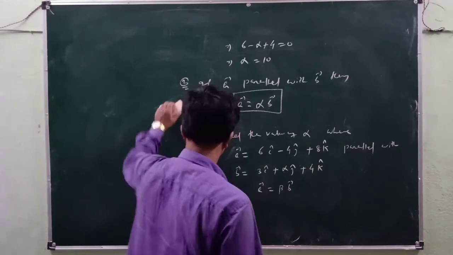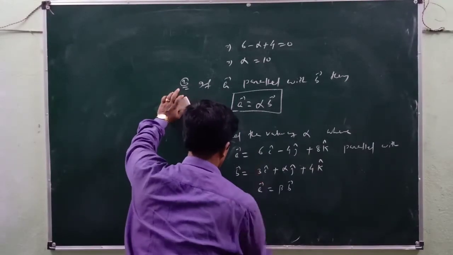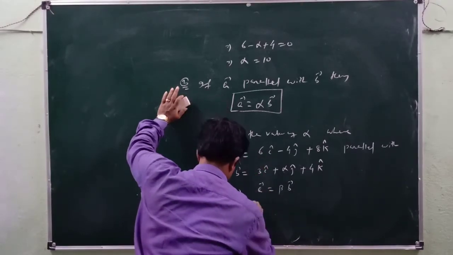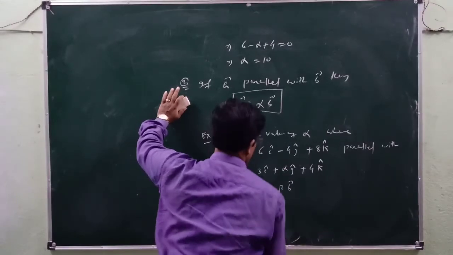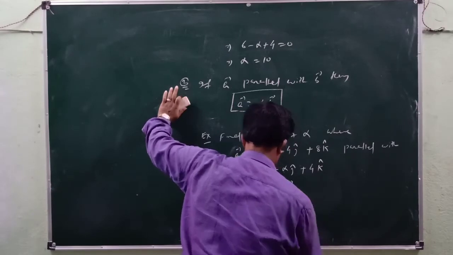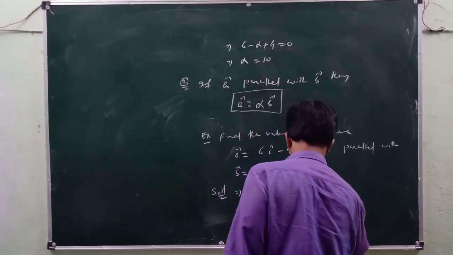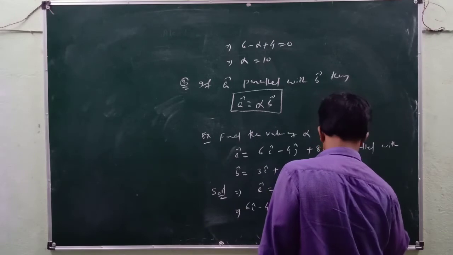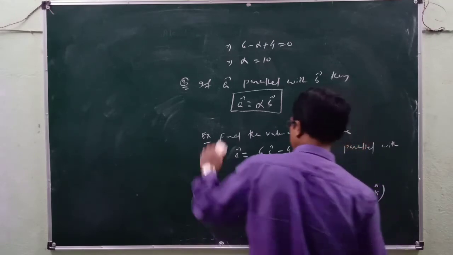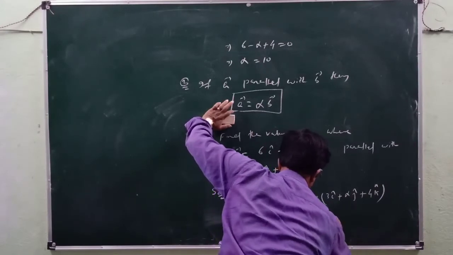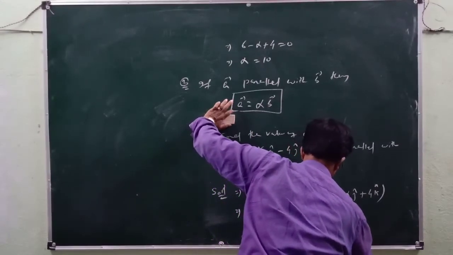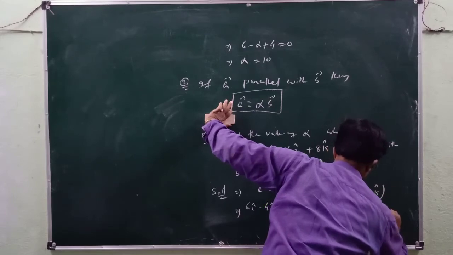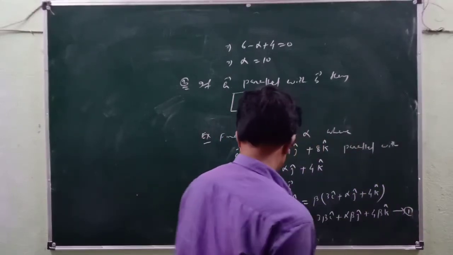Beta is any constant, so A vector, 6 I cap minus 4 j cap plus 8 k cap, equals beta into B vector 3 I cap plus alpha j cap plus 4 k cap, that equals 3 beta I cap plus alpha beta j cap plus 4 beta k cap.